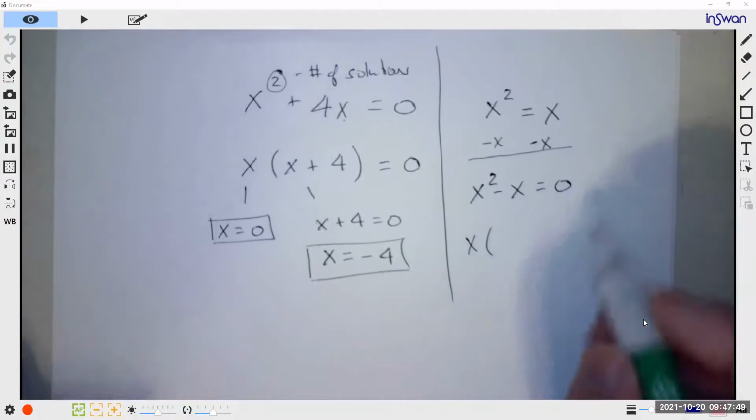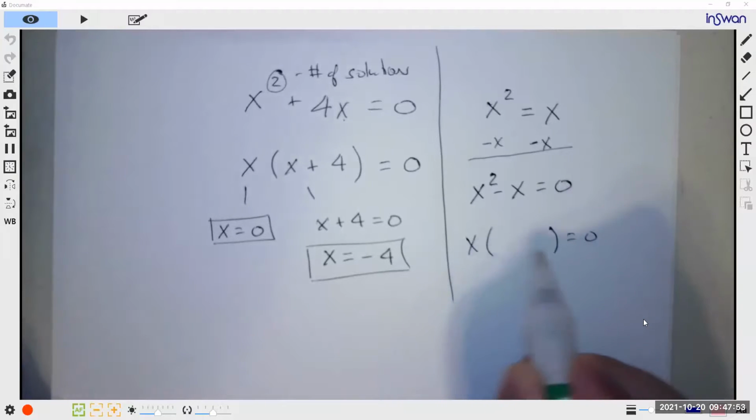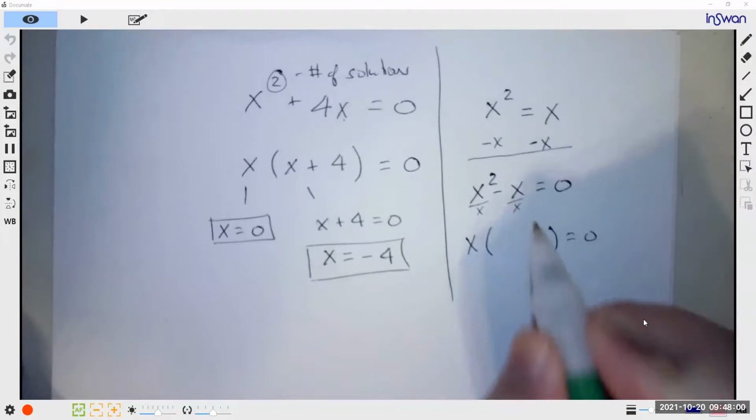Here's a shortcut. Whenever you factor something out, since you factored an x out, to determine what goes inside the parentheses, here's your equation. Divide both of these by what you factored out.